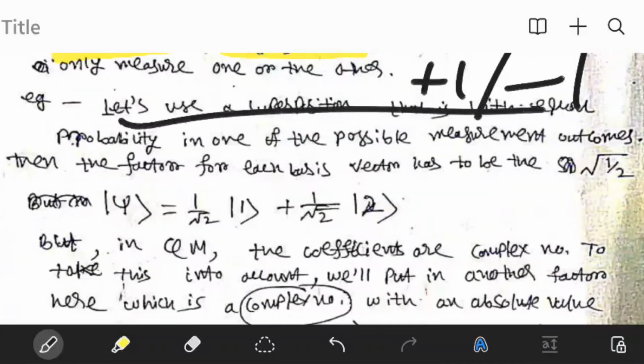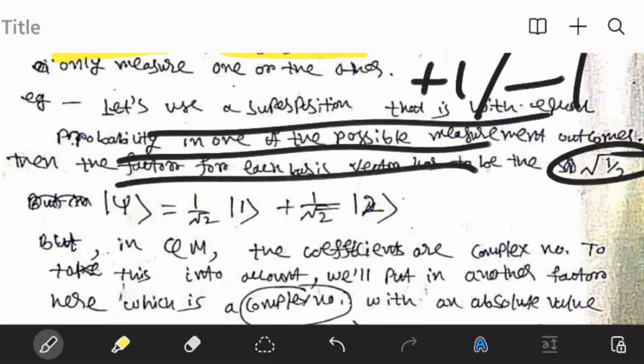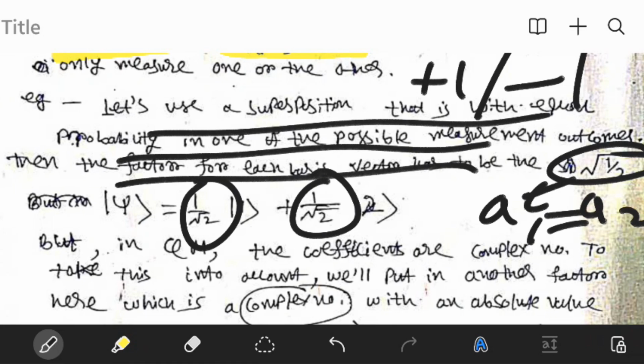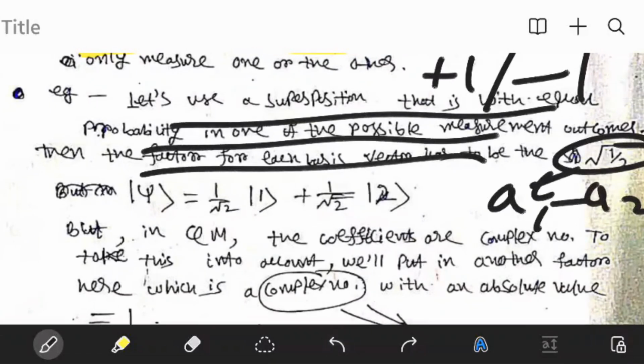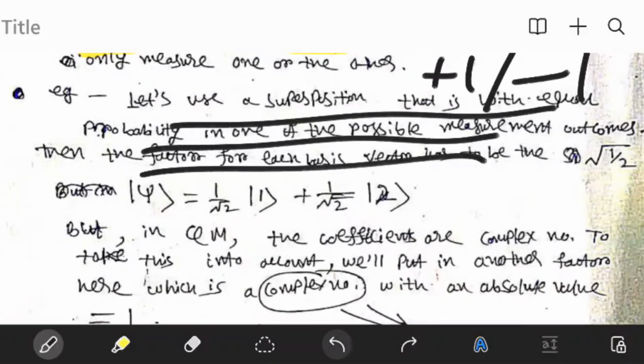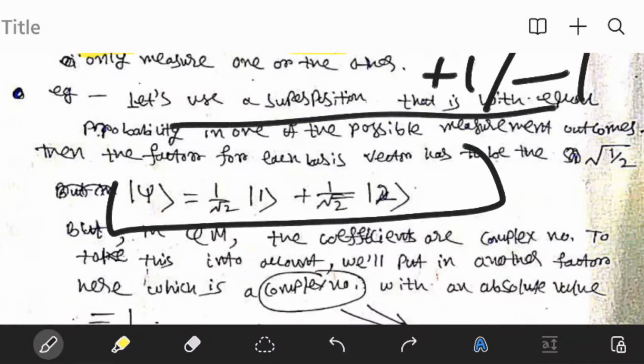So we are using superpositions with equal probability, that is half and half. So we will have both a1 and a2 equal to square root of half. So our overall wave function becomes psi equal to square root of half |1> plus square root of half |2>.